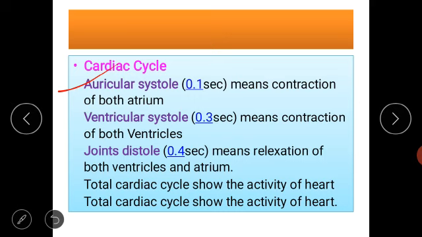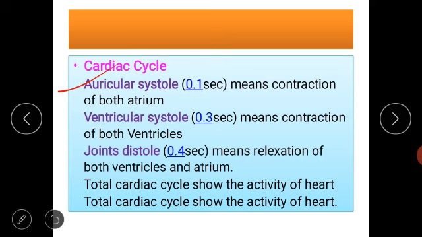Joint diastole, that is 0.4 second, means relaxation of ventricles and auricles. Joint diastole means both auricles and both ventricles are now in relaxed state, and it takes a time of 0.4 second.